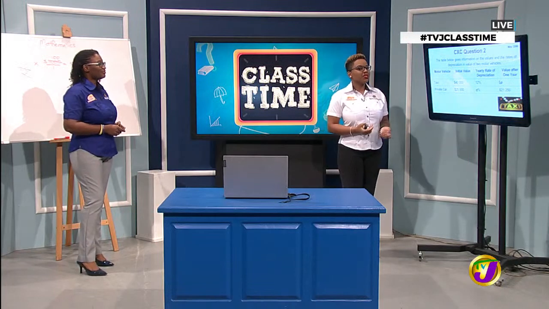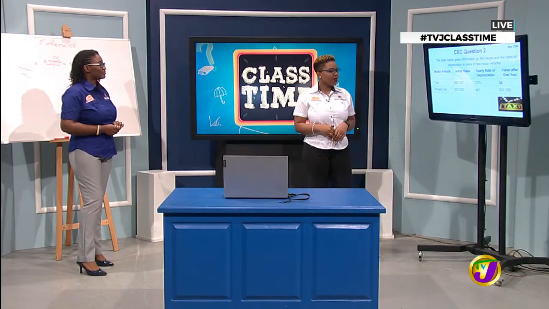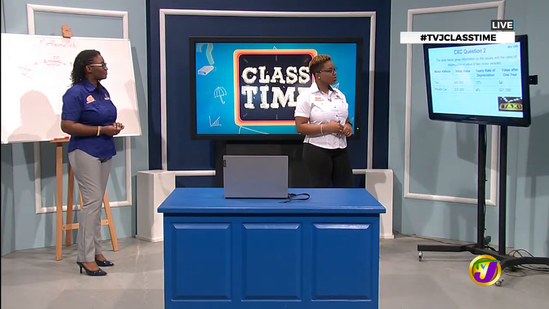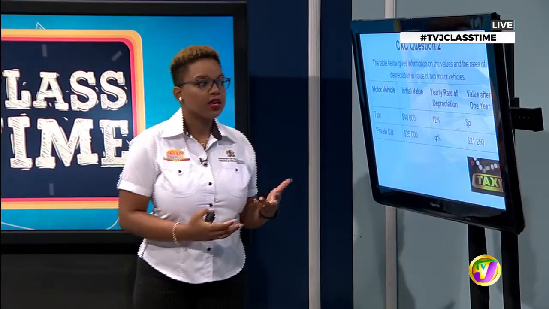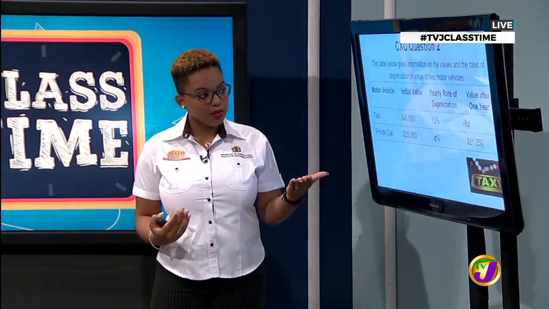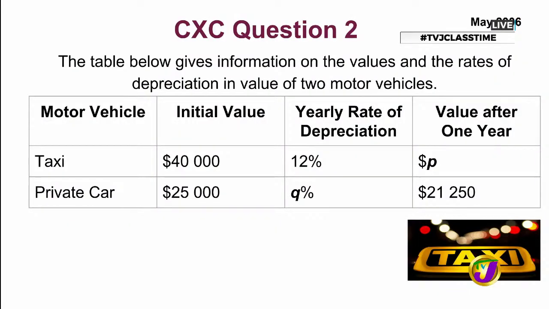Now, the May 2006 paper also had a question with appreciation and depreciation. And, sorry, for this question, it gave a table with some values and some missing ones too. And it says, the table below gives information on the values and the rates of depreciation in value of 2 motor vehicles. So from our table, we're seeing a taxi and a motor car.